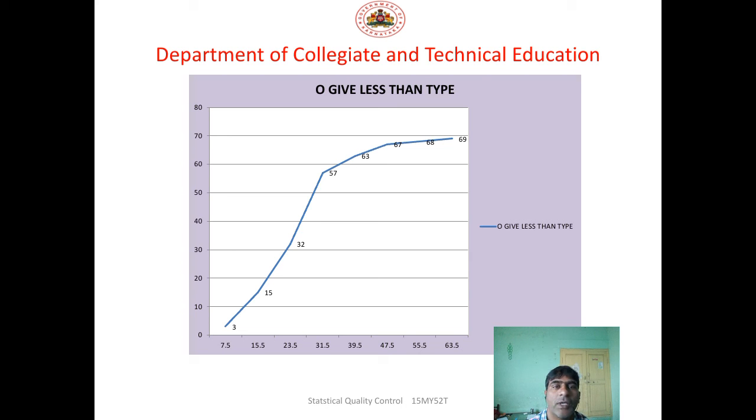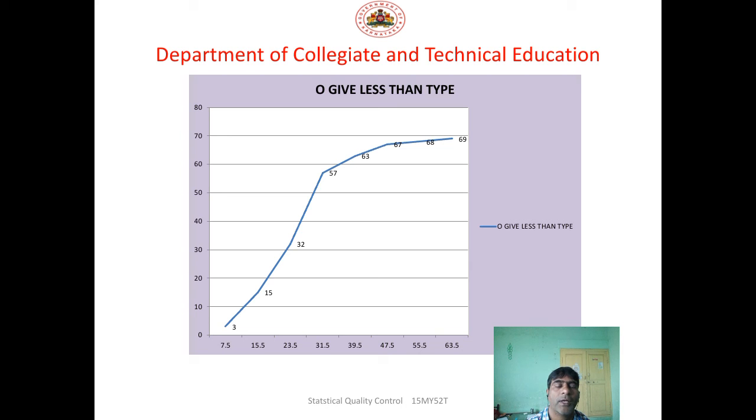Okay, so in x-axis you take the class intervals, in y-axis you take the frequencies. I have taken 7.5, 15.5, 23.5, 31.5, 47.5, 55.5, 63.5. Again in y-axis I have taken the frequency in the scale of 10, 20, 30, 40, 50, 60 like that.